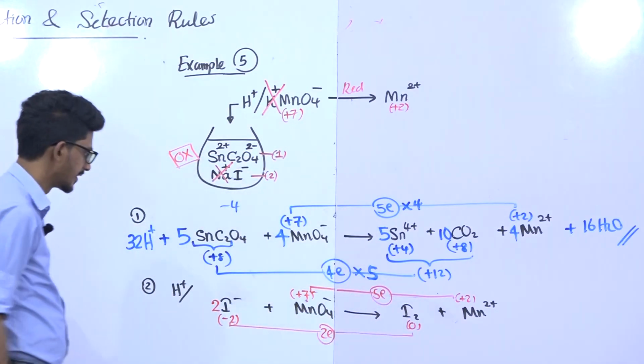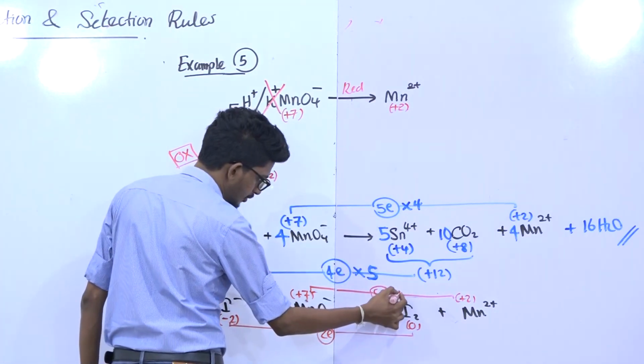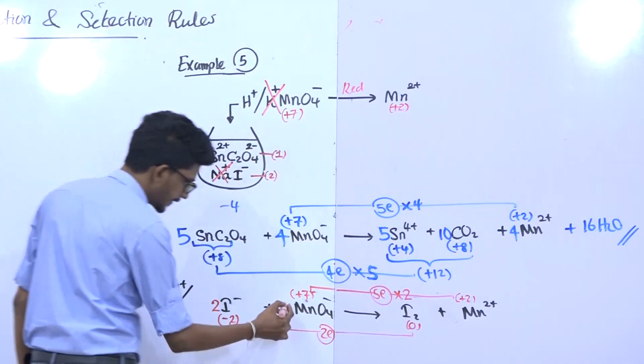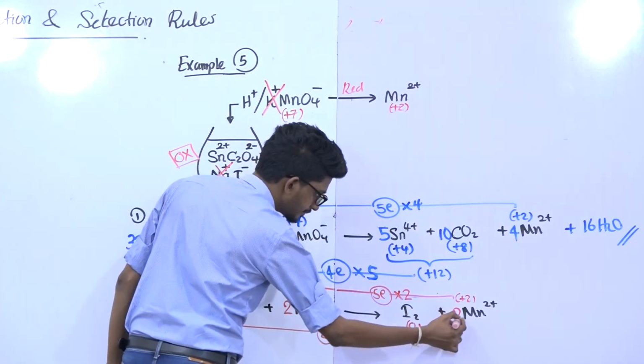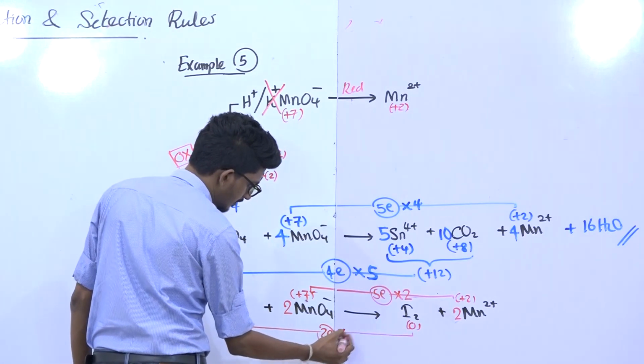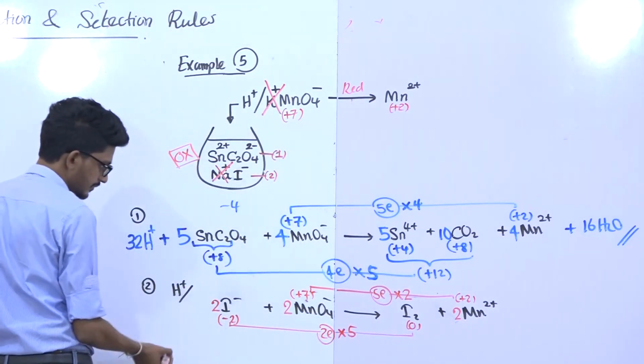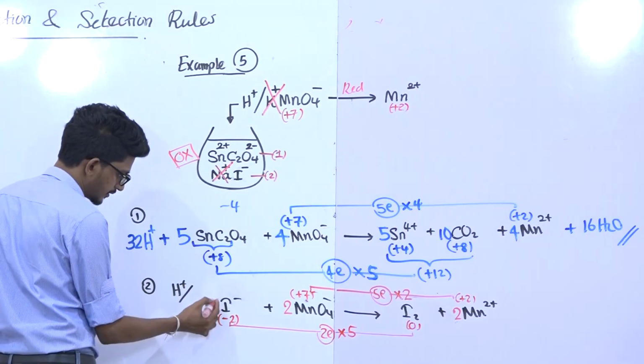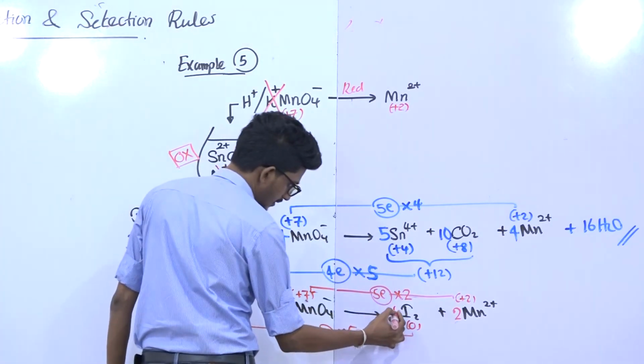So the least common multiple is 10. So you need to multiply this with 2, and this with 5. That means this becomes 10, and this becomes 5.